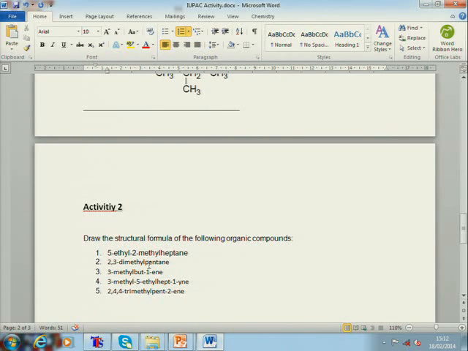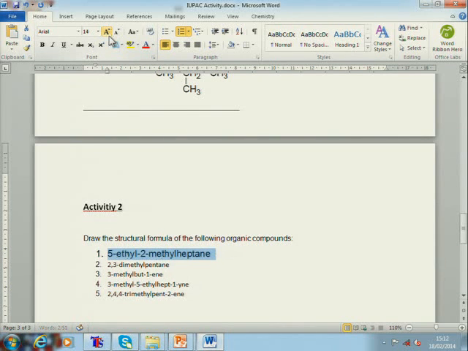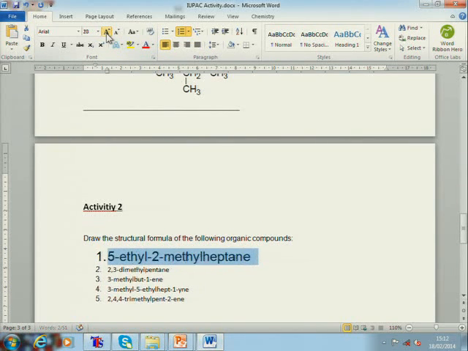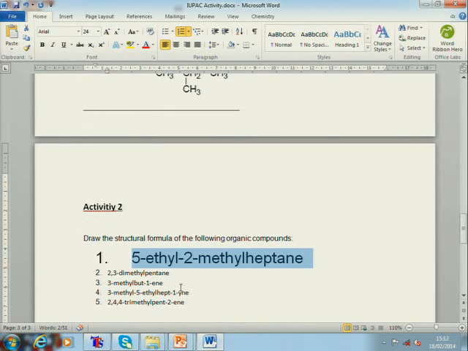So before we go to the alkene, I want us to do one of these as an example so that I can help you and take you through the steps on how to draw the structure if you are given the name. So the one that you are seeing there is 5-ethyl 2-methyl heptane. So this is what you do.